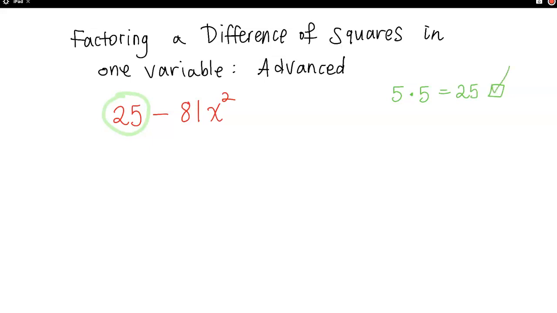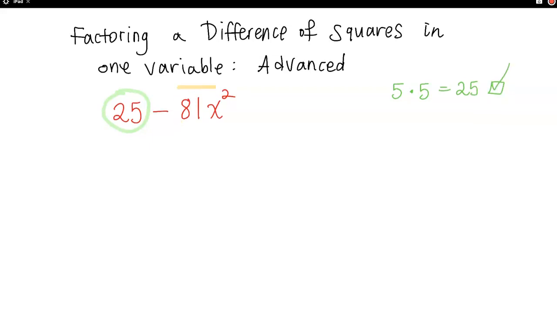Next, how about 81x squared? If I multiply 9x times 9x, 9 times 9 is 81, x times x is x squared, right? So both are perfect squares, and they are connected by this minus sign. So we're ready to start.